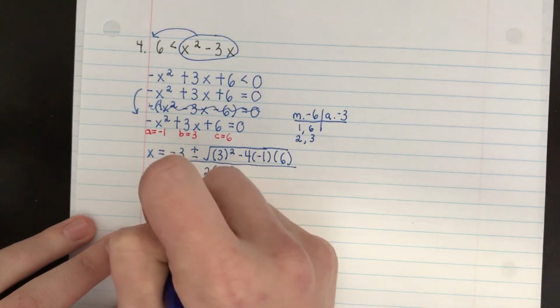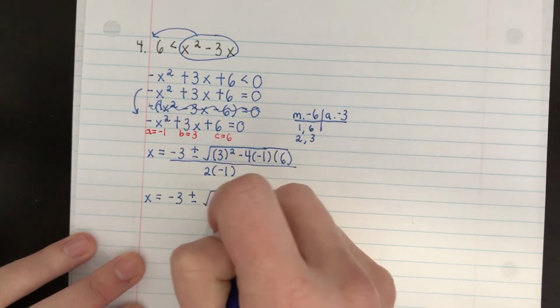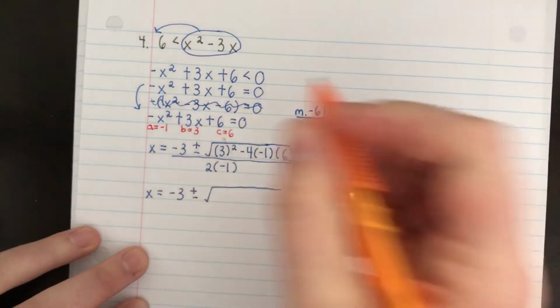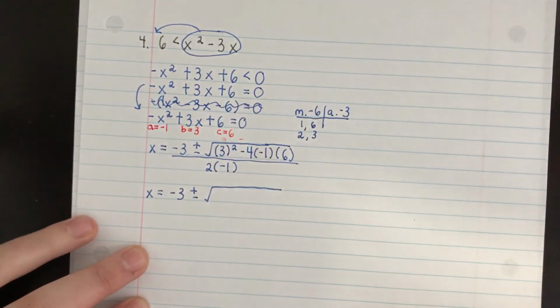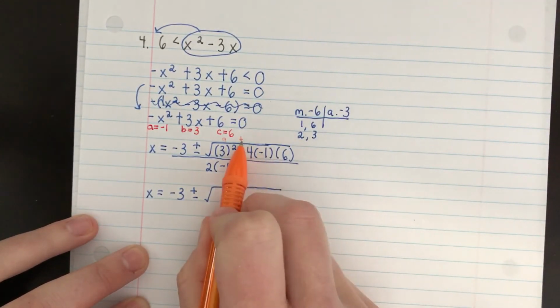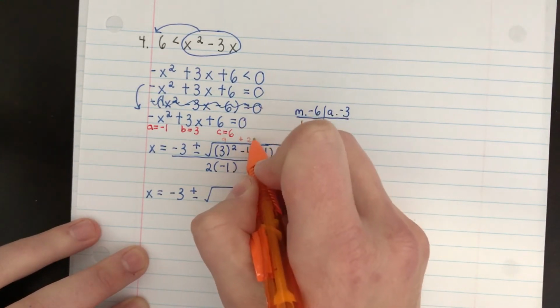So we have x equals negative 3 plus or minus, all right, this is 9 minus, well, this is actually going to become plus because a negative times a negative will make a positive, and 4 times 1 times 6 is 24.